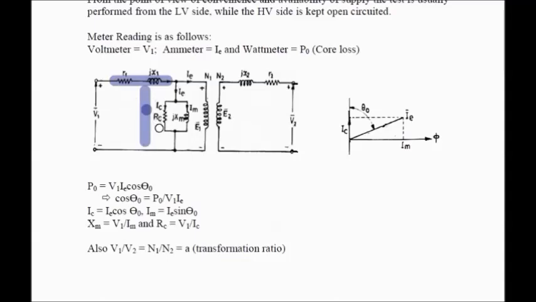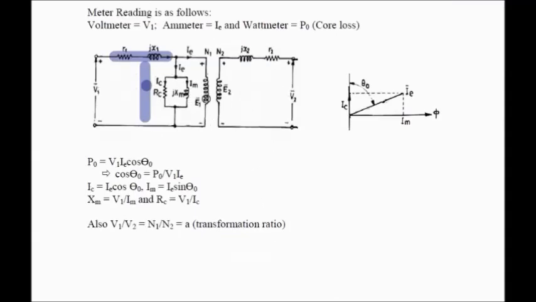So RC will be V1 upon IC, and XM is V1 upon IM. We know the values of IC and IM, hence I can calculate XM and RC. Thus I can find the parallel branch of this transformer referred to the low voltage side, because I am giving supply on the low voltage side.